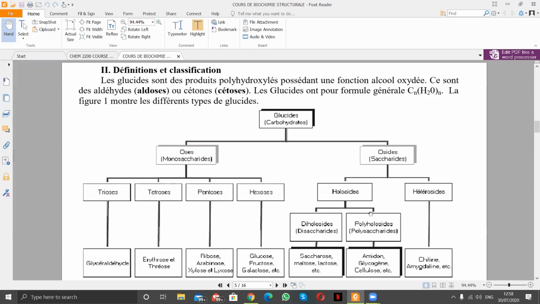Let me say it in simpler terms. Maybe you get it in this way. When I talk of hetero, these are composed of more than one type of monosaccharide unit.